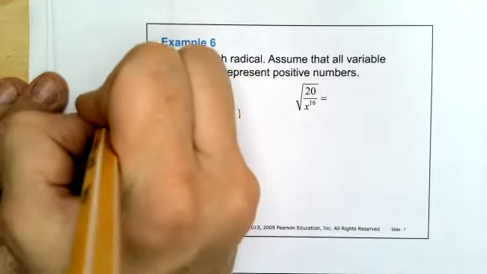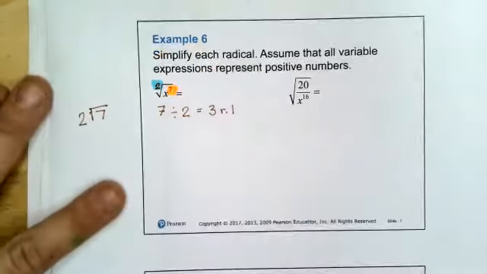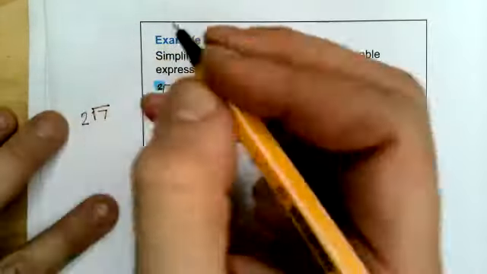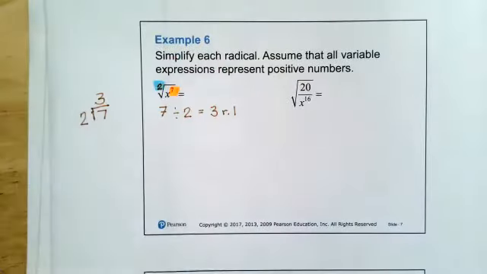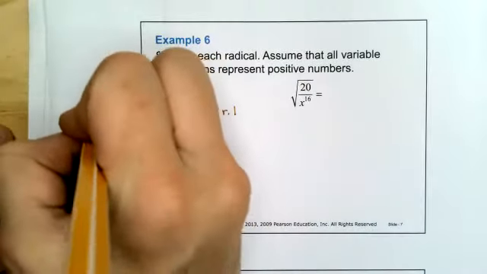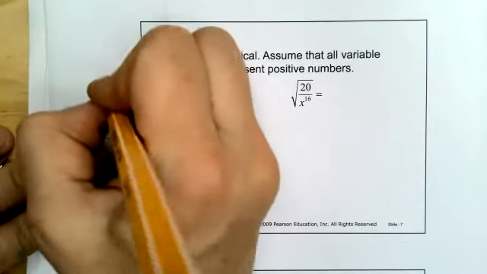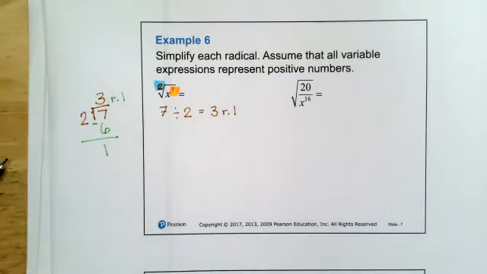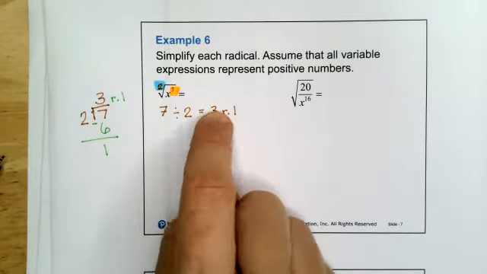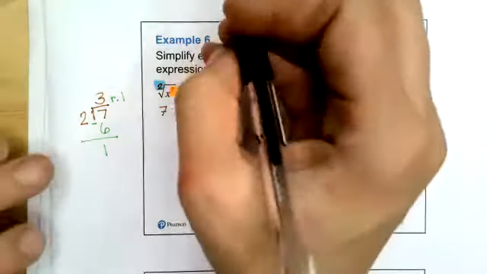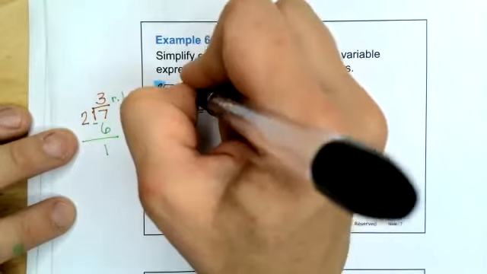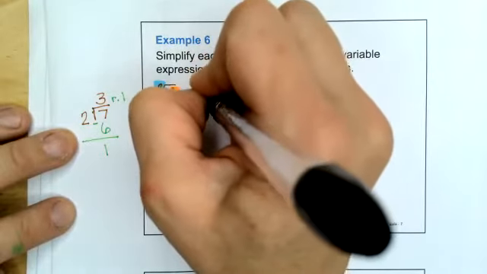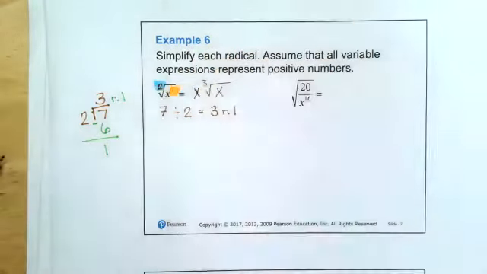This is what we're used to. Here's the 7, here's the 2, right? How many times does 2 go into 7? It goes in 3 times. What is that number? That number is 6. Subtract that number, we have a remainder 1, right? So if you just divide 7 divided by 2 is 3 remainder 1, that means my answer is going to be x to the third, and that remainder stays under there.